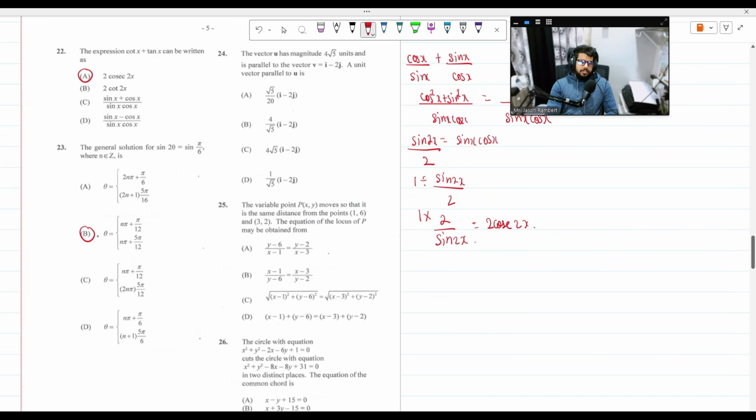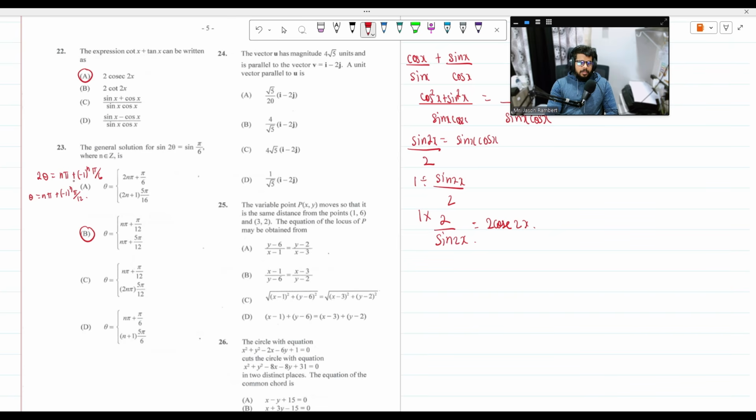So if sine 2 theta is sine of pi on 6, then 2 theta is going to be n pi plus minus 1 to the n pi on 6. And theta is n pi over 2 plus minus 1 to the n pi on 12.